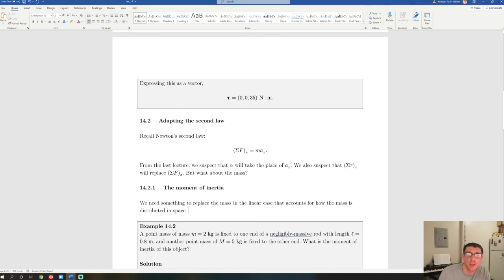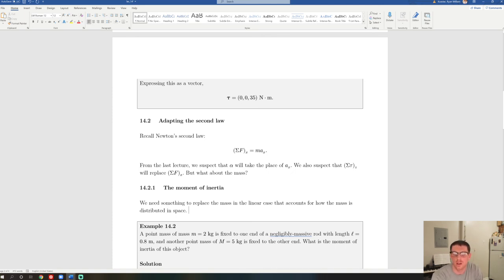That is typically done when talking about angular momentum, and I will probably show you something like that when we get to that topic. But for the time being, I'm just going to ask that you trust me that we need something that accounts for how the mass is distributed when we're talking about torques and rotation in general, okay?